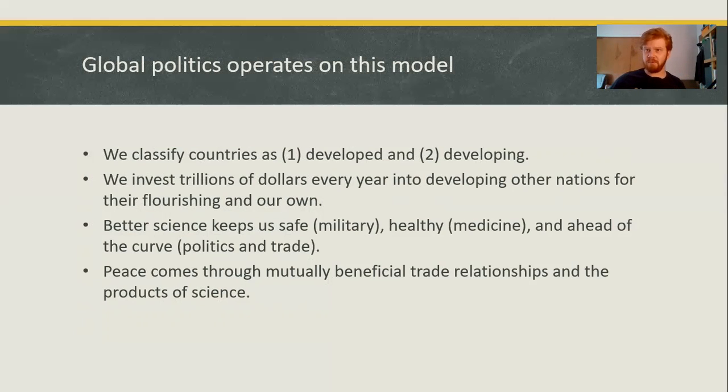We want others to prosper because we have basic empathy. Let's help them prosper. And when we invest trillions of dollars every year into developing nations, we do this for their flourishing and our own, because those countries then become trade partners. You know, if you like, say, spices in your food, you want the countries where those spices can be produced to have an easier time trading with you.